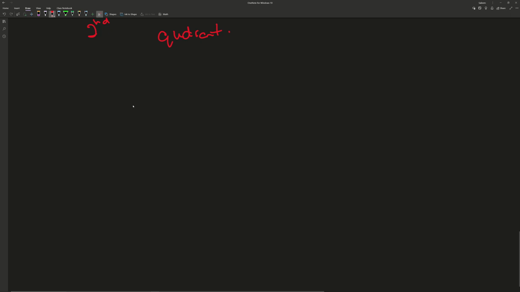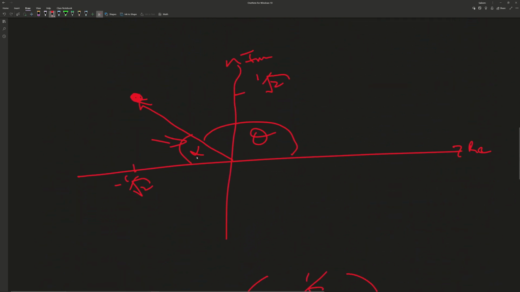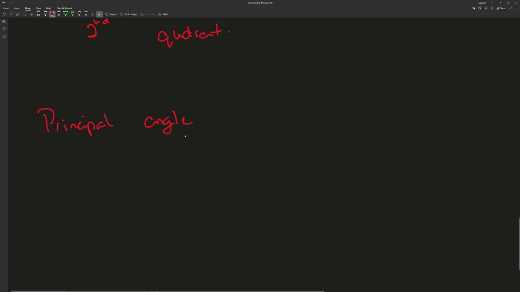So how do we do that? In order to do that, let's write the principal angle. I use a symbol here. What did I use? Alpha. Principal angle alpha. You can call it whatever you want. Just using alpha is tan inverse of 1, which is pi upon 4.